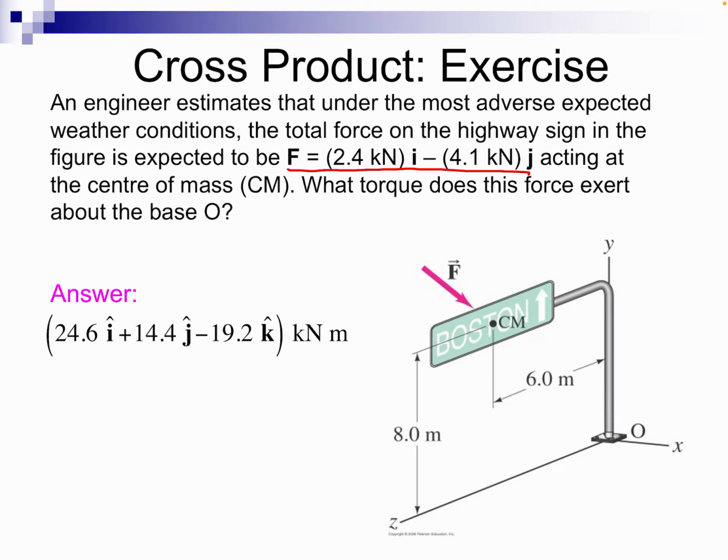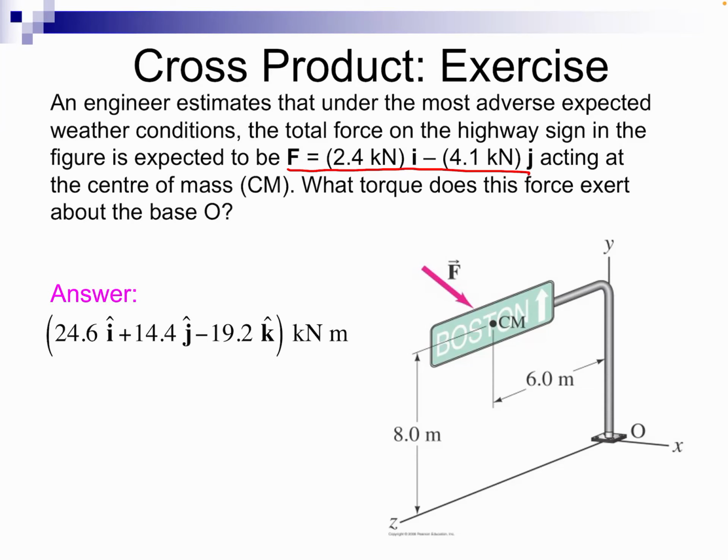So that's sort of the scenario. The force is from the wind blowing in this direction with i hat component and minus j hat component. The moment arm is coming from the axis of rotation at the base of the signpost. It will have a plus j hat component and a plus k hat component like this. So it's sort of like a three-dimensional problem.